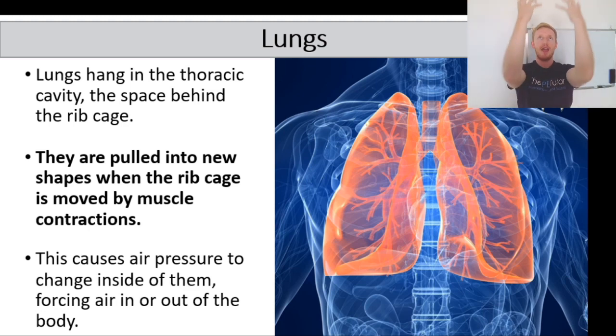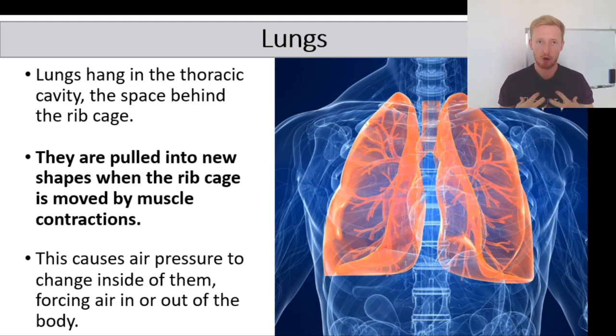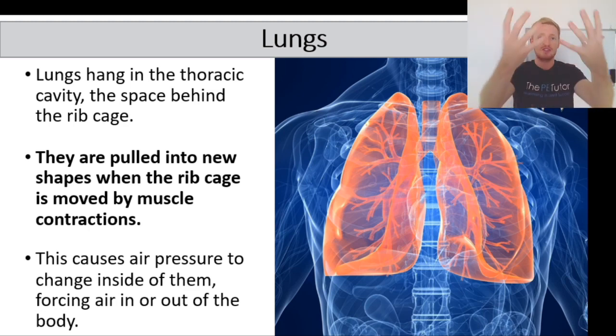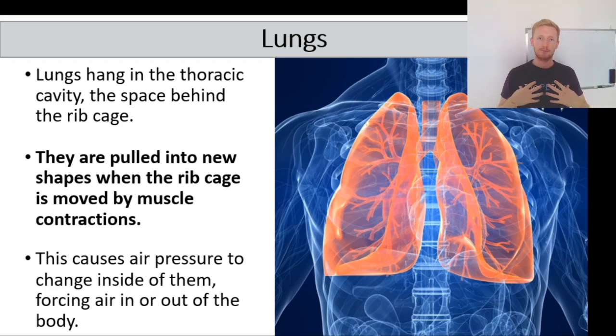Air moves from areas of high pressure to low pressure, and we've just ventilated, we've just inhaled. So we don't magically suck air in, we drag our lungs around. We contract muscles to pull the rib cage, which then pulls and opens up our lungs into bigger spaces, which drops air pressure, which invites new air in.